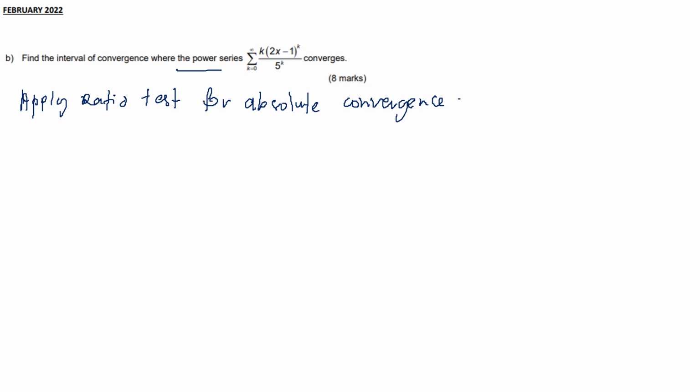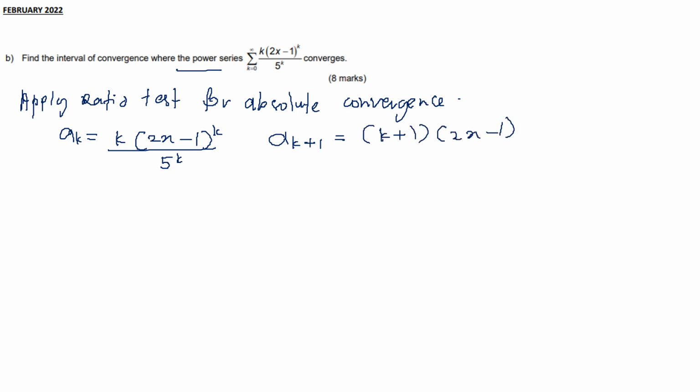So to apply the ratio test, a_k equals k to (x minus 1) to the power of k over 5 to the power of k, and a_(k+1) equals (k plus 1) to (x minus 1) to the power of k plus 1 over 5 to the power of k plus 1.